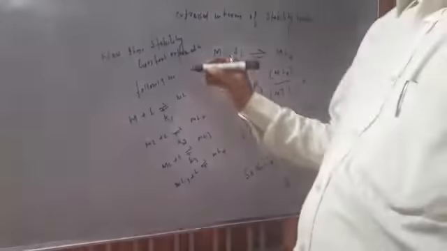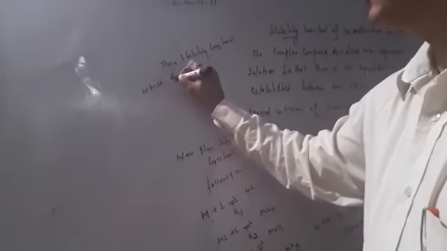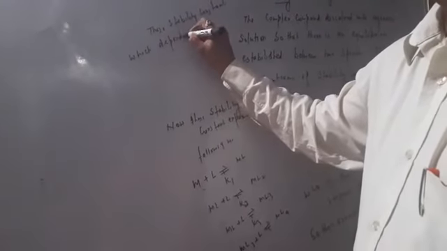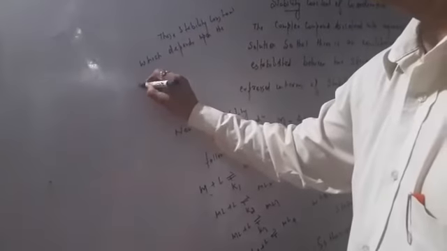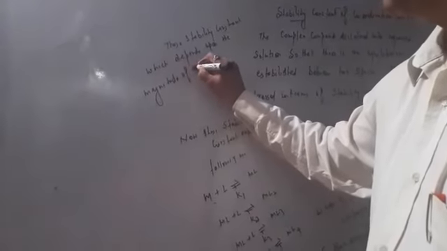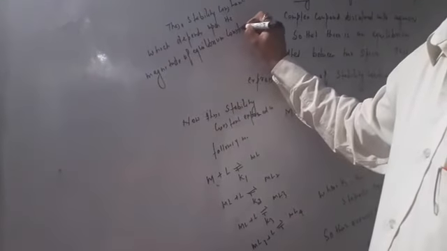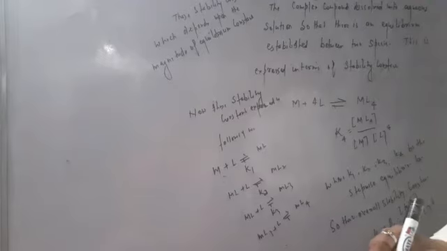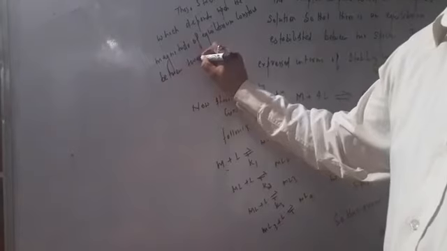These stability constants depend upon the magnitude of the equilibrium constant between the two species.